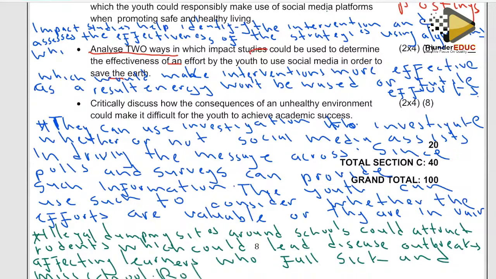Rodents can also disturb studies. By rodents, we are referring to rats or mice. Rodents can also disturb learners as they are studying. They might be running across rooms, which would disrupt lessons.